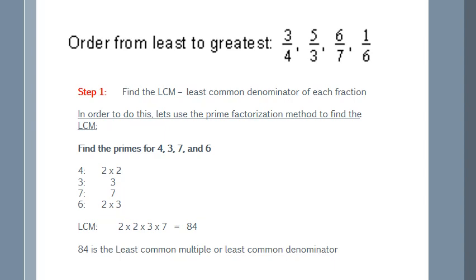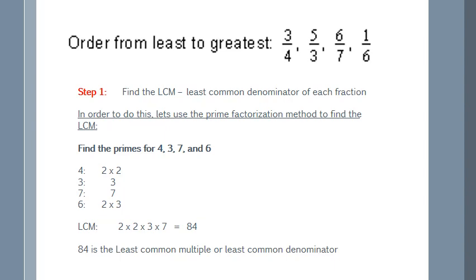We're going to find the primes for each. The primes for 4 are 2 times 2. The prime for 3 is just 3 because it's a prime, and the prime for 7 is just 7 because it's a prime. 6 is a composite, so we can take two numbers and multiply together, 3 times 2, and that is prime. By looking at these numbers, we're going to find the least common multiple.